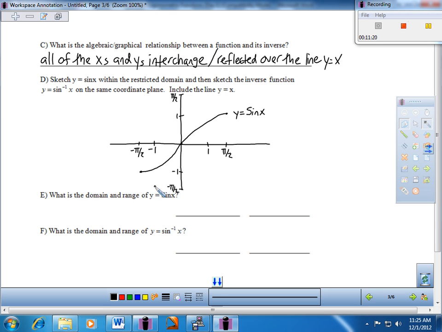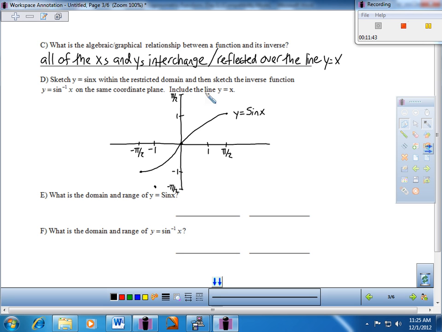That point goes right here. Put a point in if you would. Now, guys, switch 0, 0, which of course is still 0, 0. And then let's get that other point. This one up here, everyone, was pi over 2 and 1. So instead of pi over 2 and 1, we know how an inverse works, everyone. Switch it. It's 1 and pi over 2. And so that would be up here.